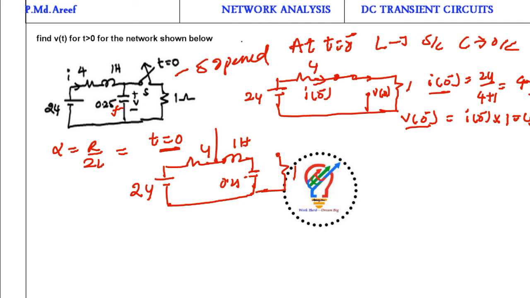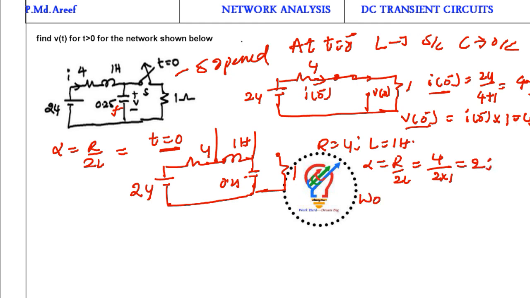Looking from these terminals, the resistance is 4 ohms and L is 1 Henry. So alpha is equal to R by 2L, which is 4 over 2 into 1, which is 2.